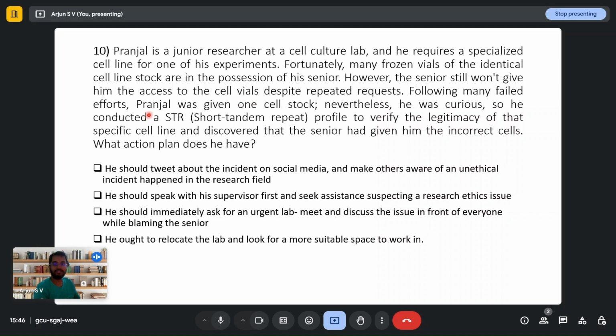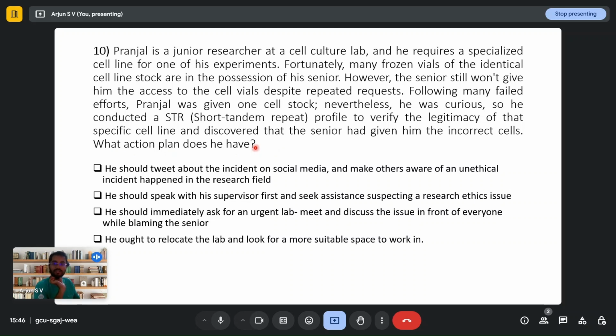Following many failed efforts, Pranjal was given one cell stock. Nevertheless, he was curious, so he conducted an STR, which stands for short tandem repeat profile, to verify the legitimacy of that specific cell line, and discovered that the senior had given him the incorrect cells. What action plan does he have?